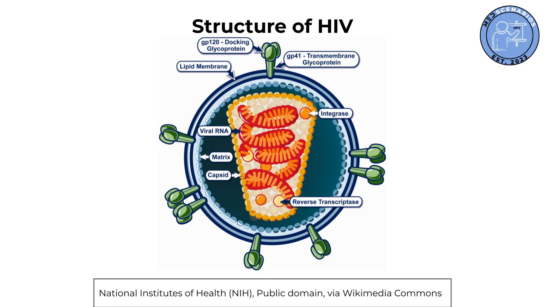These glycoproteins are used for binding to CD4 plus cells. In the matrix and capsid, we have P17 and P24 respectively. And in the nucleus, we have the RNAs of the virus, and we have reverse transcriptase and integrase enzymes.